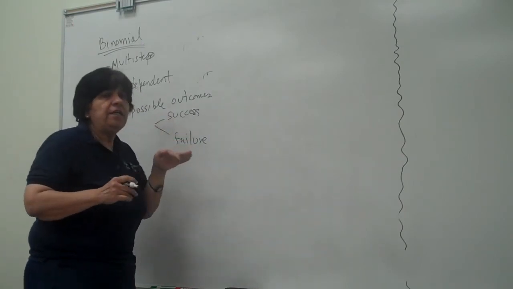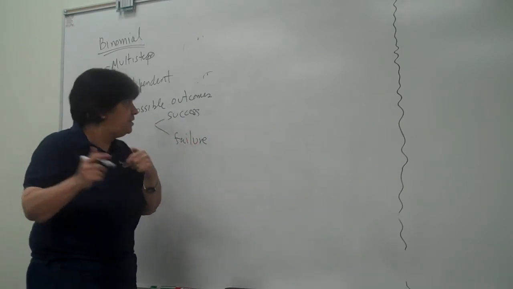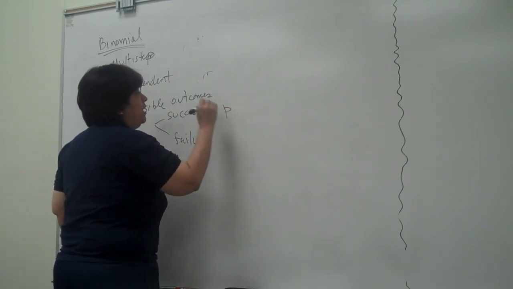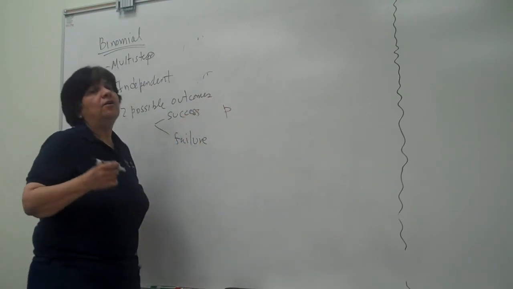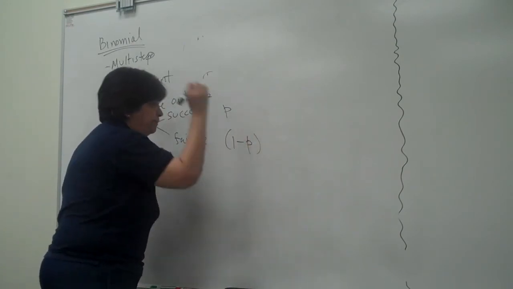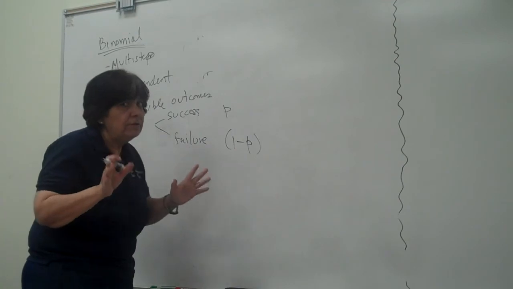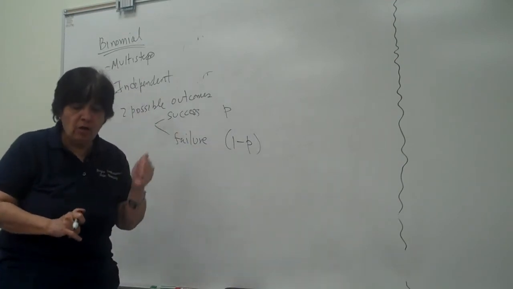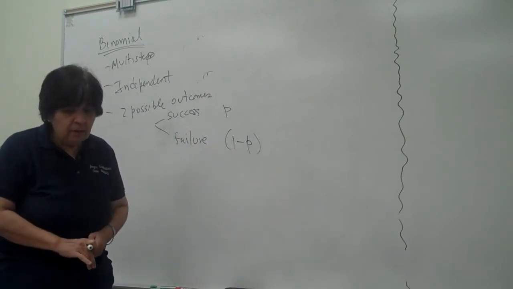The probability for success in each one of the steps is p, and the probability of failure, of course, has to be equal to 1 minus p. Why? Because there are only two possible outcomes in each one of the steps.